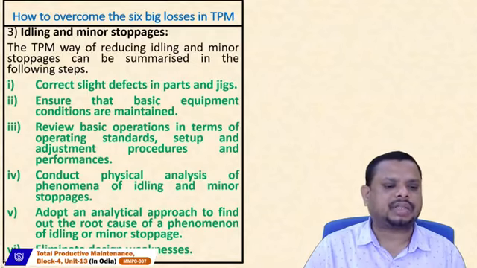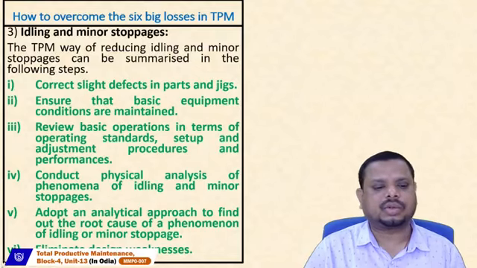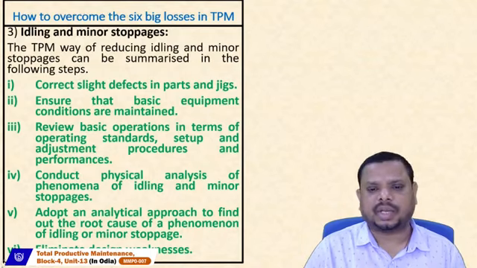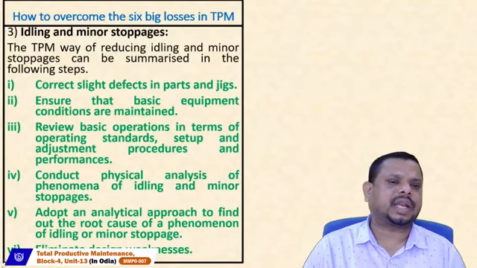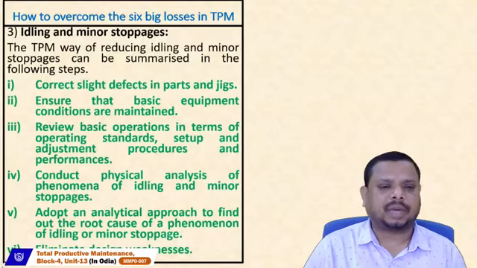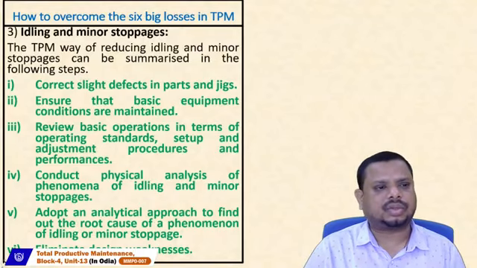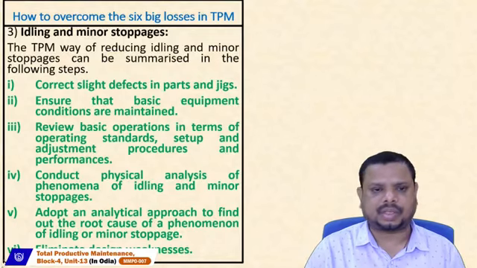The next important part is to adopt an analytical approach to find the root cause of the phenomena directly dealing with idling and minor stoppage. And the last one is to eliminate design weakness. If you find the design specification of a machine is not proper, in that case you have to eliminate these machines by replacing them with new ones. So these are the different measures with respect to idling and minor stoppage.